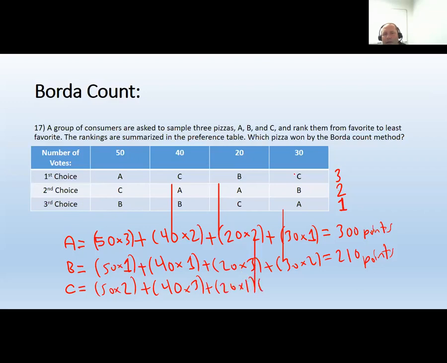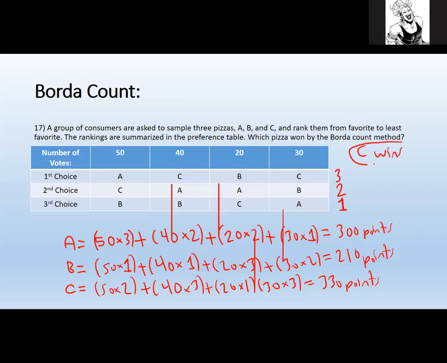Plus these 30, C got 3. And so now when we multiply everywhere and add these up, we get 330. So C got the most number of points. C wins the Borda count method.